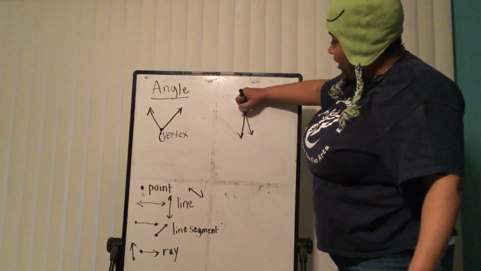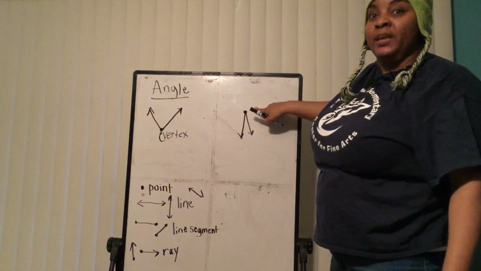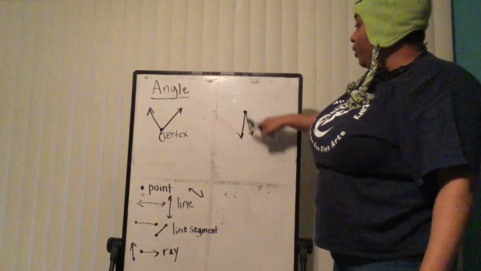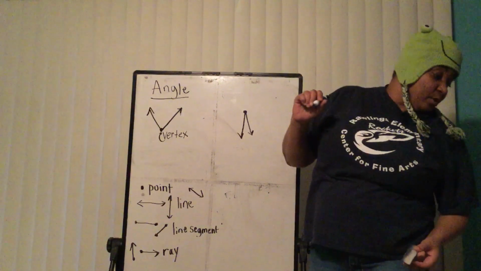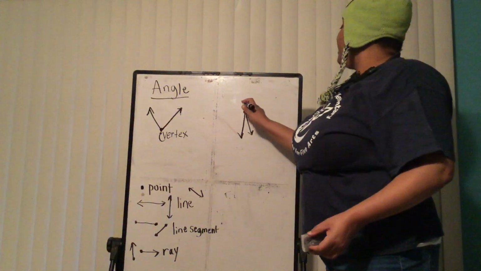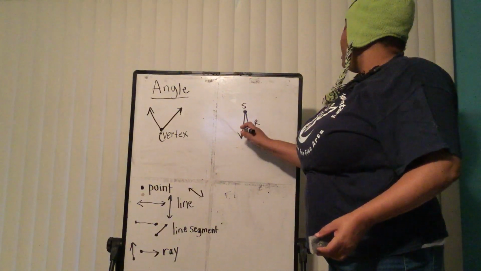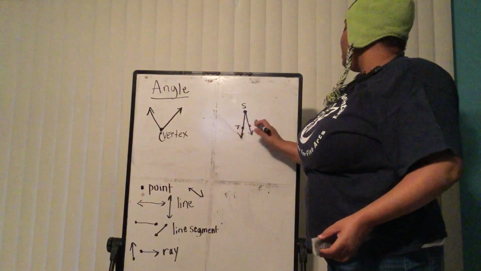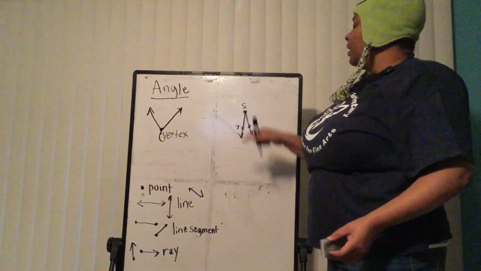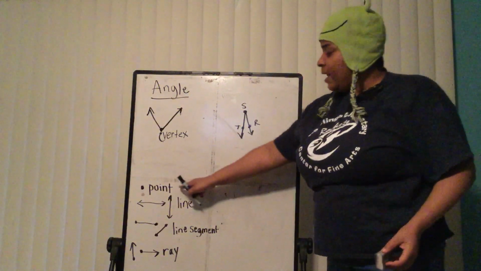That common endpoint is my vertex. Say it with me again. Vertex. Two rays. So I'm going to call this S. I'm going to call this R. And I'm going to call this T. What are these little dots I'm making called? Go back and remember, they're my points.